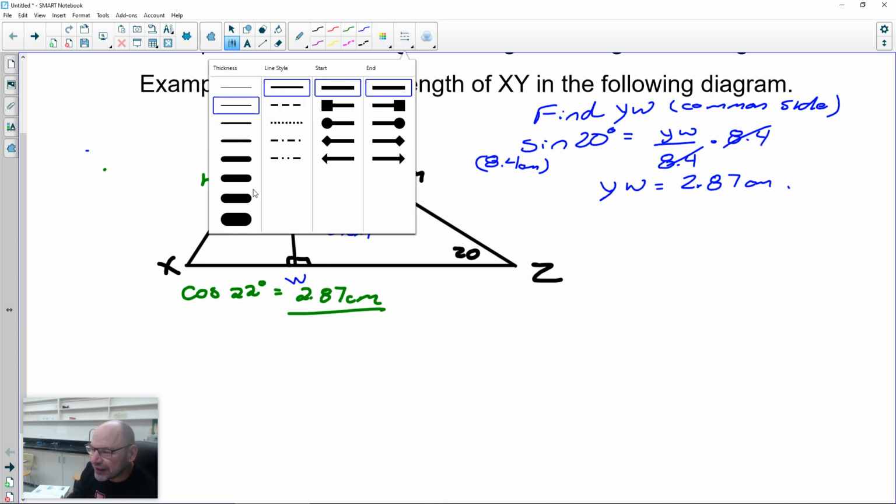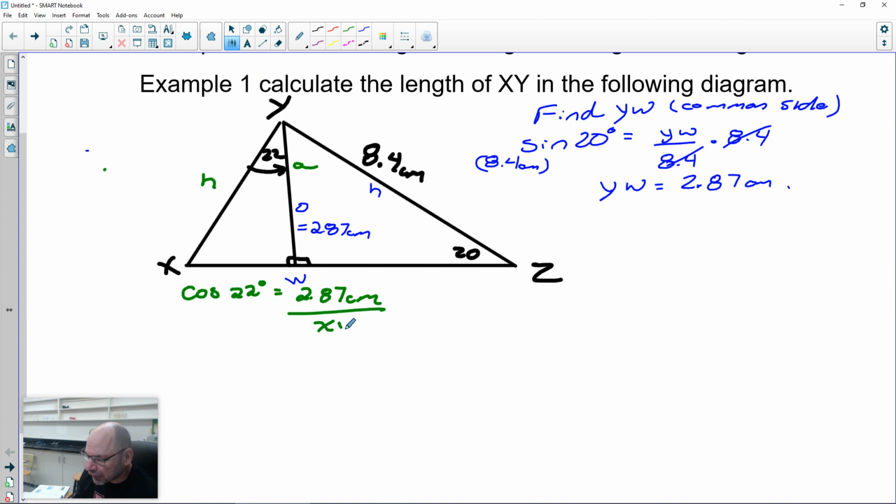Make that skinny again, because that's what we're trying to find. Okay, now that we have it, we've got to get rid of the XY on the bottom on both sides. So we've got to multiply it out so that we've got it off the bottom. Now we can just divide by the cosine of 22 degrees on both sides.